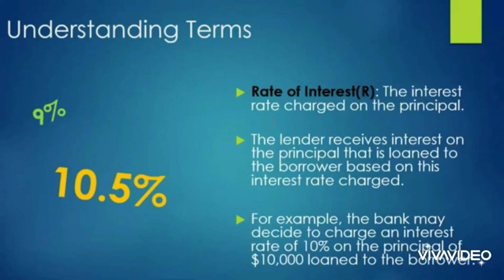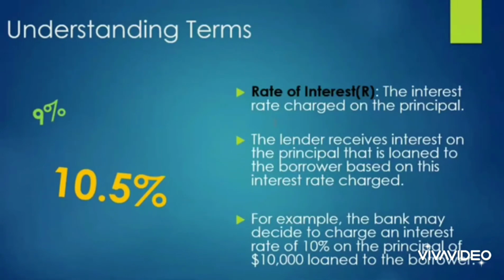For example, the bank may decide to charge an interest rate of 10% on the principal of $1 lakh loaned to the borrower. It may be 10.5% or 9%.